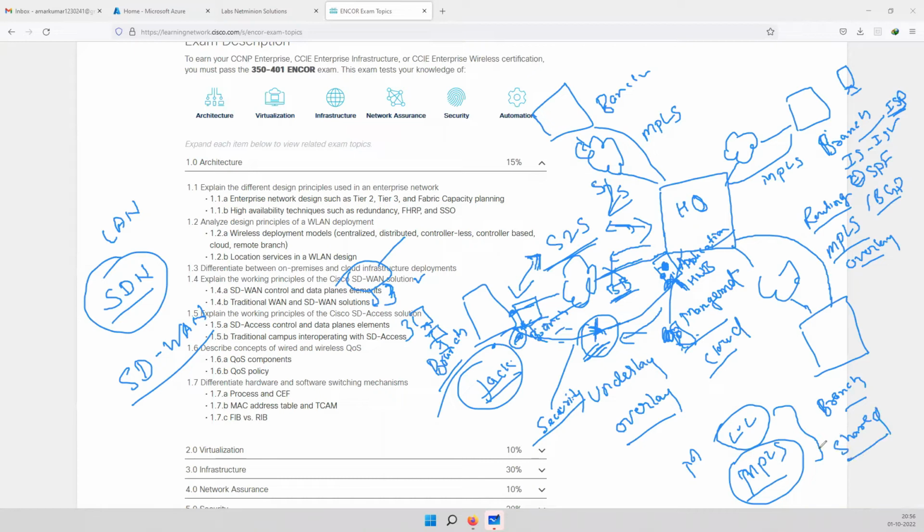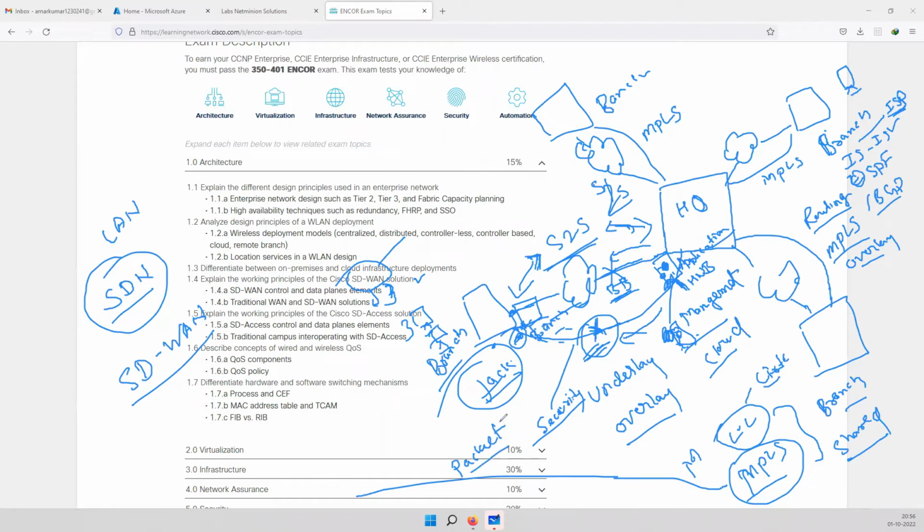MPLS is an example of packet switching, and a lease line is an example of circuit switching.